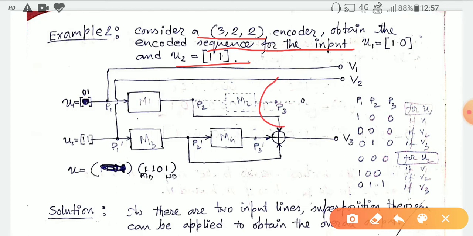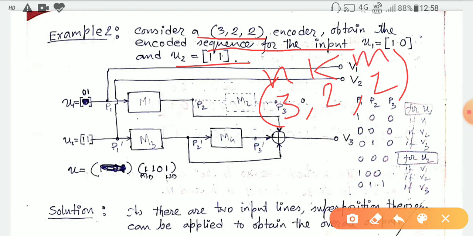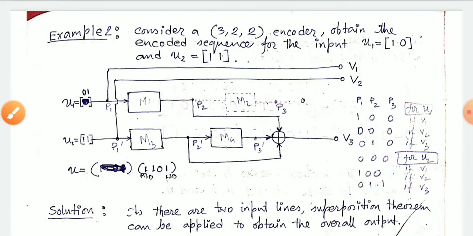Because here it is given as (3,2,2), that means n is 3, which indicates the number of output terminals, k is 2, which defines how many inputs there are, and m is 2, which defines how many memory units you have to use to encode the message. So here 3 is the output lines, 2 is the input lines, and 2 is the memory units.